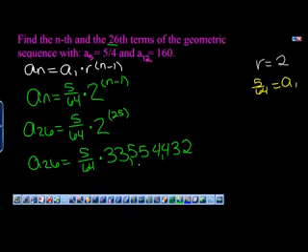Take that and multiply it by 5 divided by 64. And again, you can just take this 33,554,432 and multiply it by parentheses 5 divided by 64 parentheses, since a fraction is simply a division problem. And you will get the answer, 2,621,440.